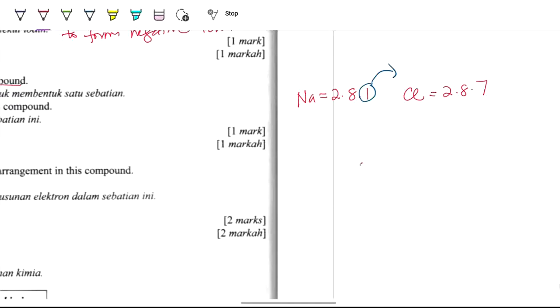Let's say sodium is 2, 8. After it donates 1 electron, it becomes +1. Next one is the chlorine. I use a different color.